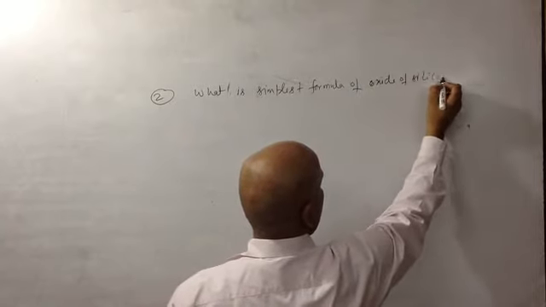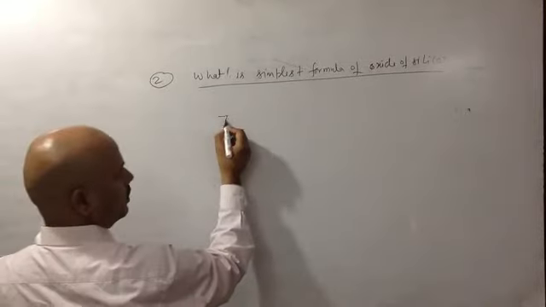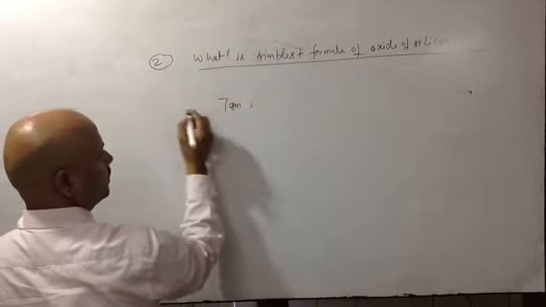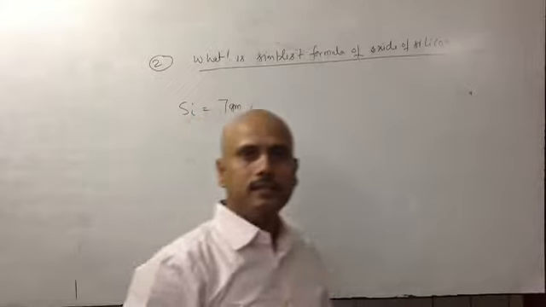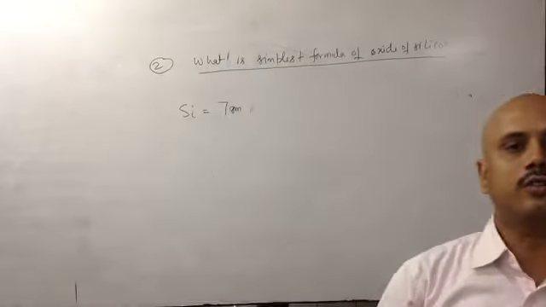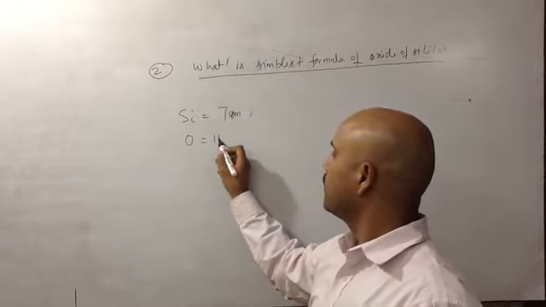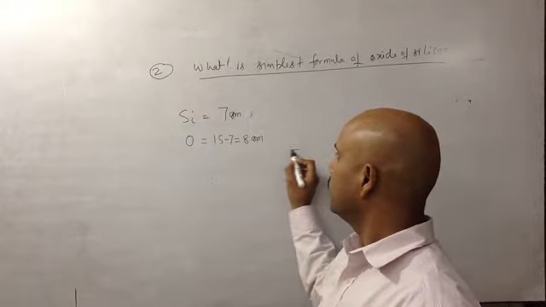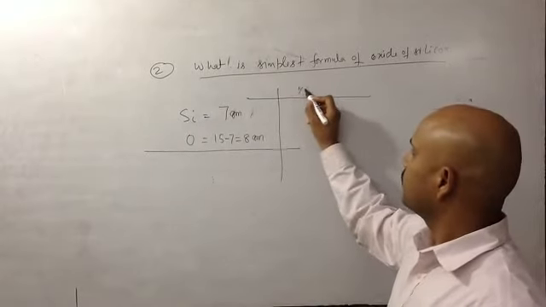I am going to discuss this question. In this question, it is given 7 gram of silicon, and the total mass of the compound is 15 gram. Therefore, oxygen will be 15 minus 7, 8 gram. You can easily find the percentage of these two.